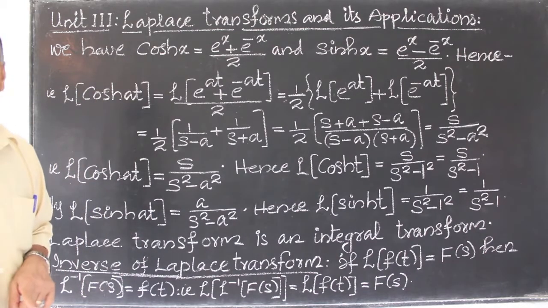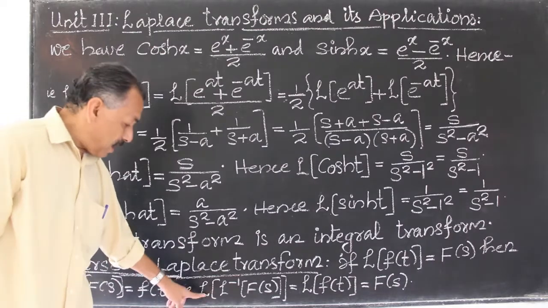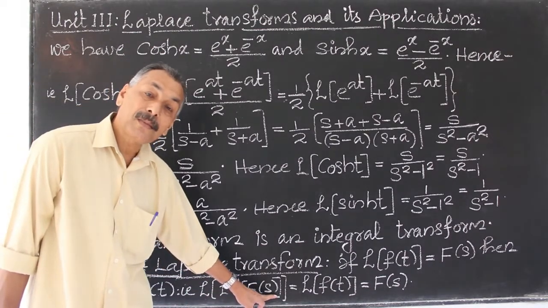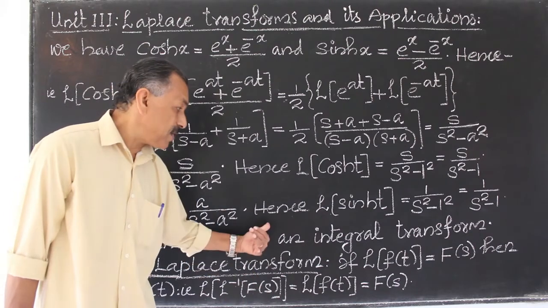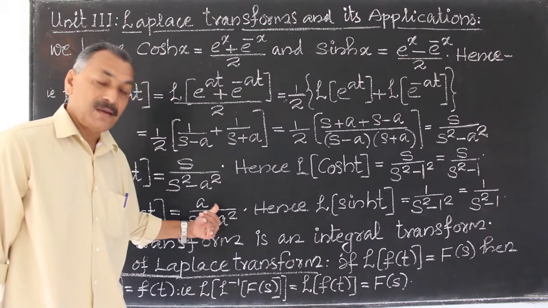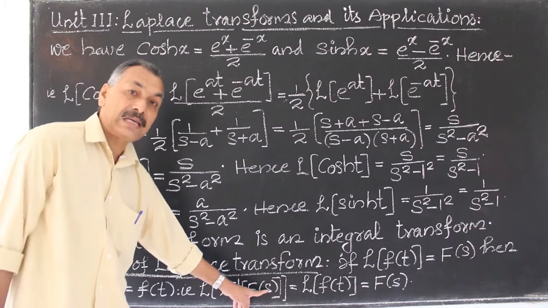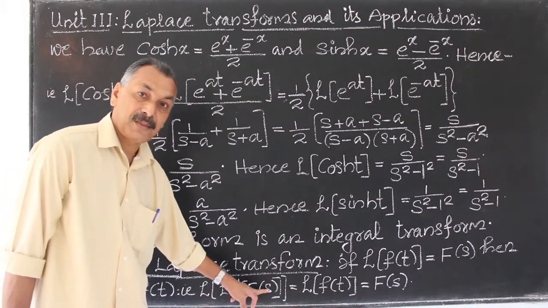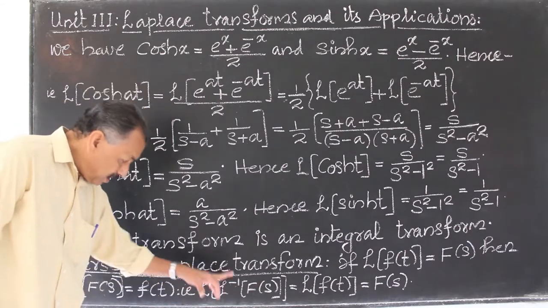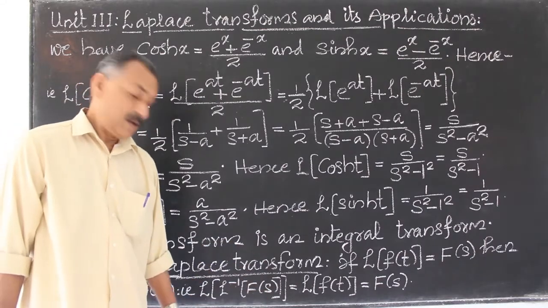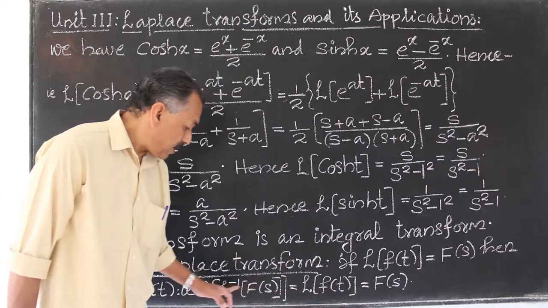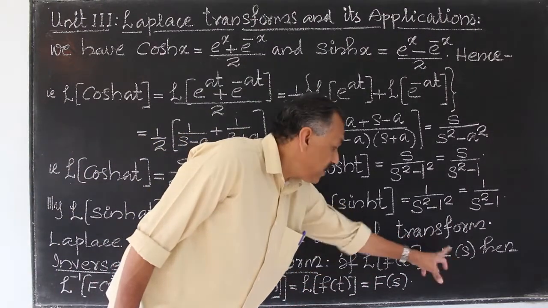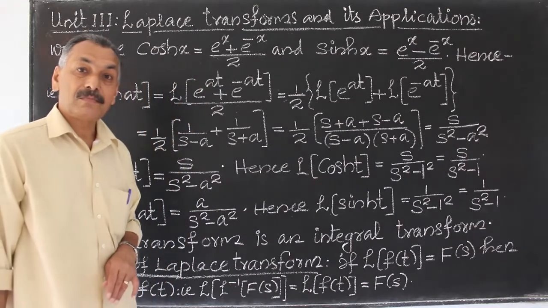Okay, then what is this value we get? L inverse F of s. When we say L inverse, the Laplace value will always be what? A function of s. Inside the inverse, what will always be there? It is in terms of s. Then the Laplace transform of L inverse of F of s equals the Laplace transform of what is L inverse F of s? If L of f of t is F of s, then what will L inverse F of s be? It will be f of t, right.